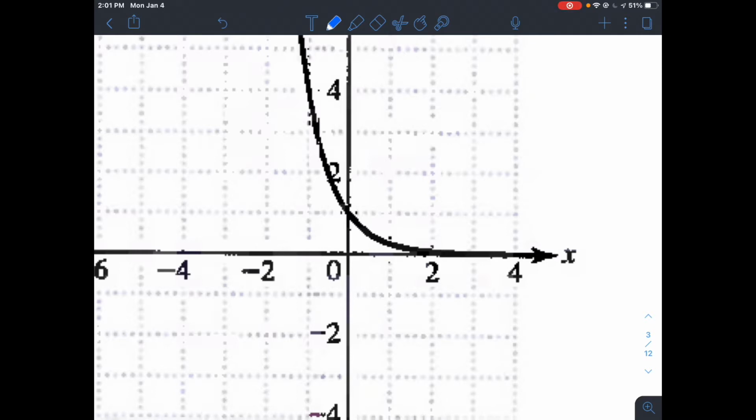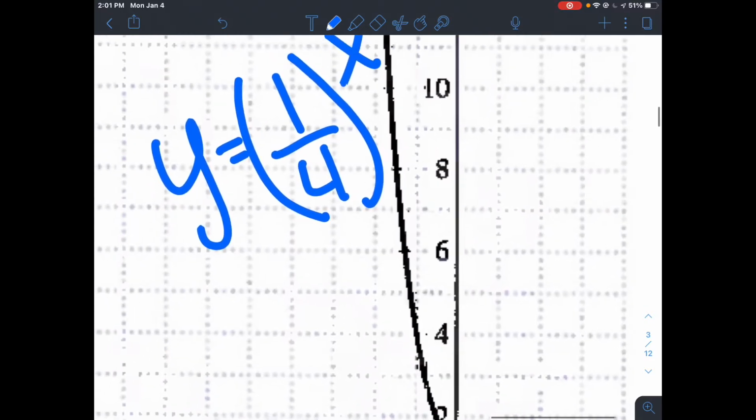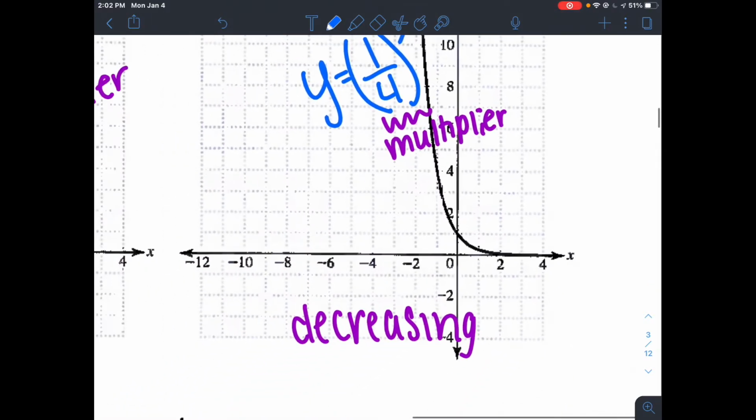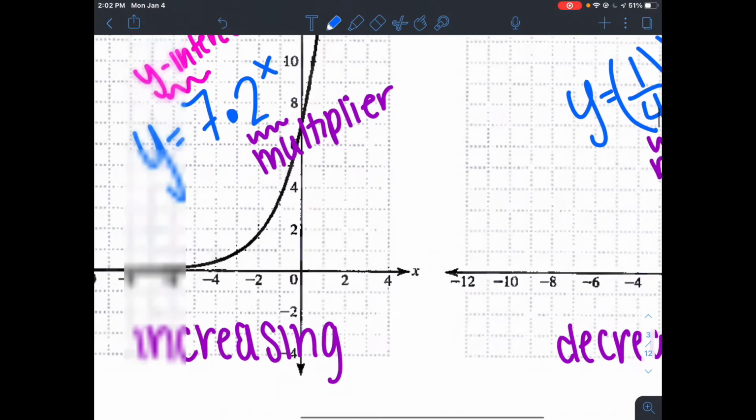It's just implied that we're multiplying by 1, so we don't actually have to write it. So in this case, they did not write the starting value. It's implied that it's 1. Then my multiplier is 1/4, meaning that to get from one number to the next number on the x's, I'm dividing by 4.